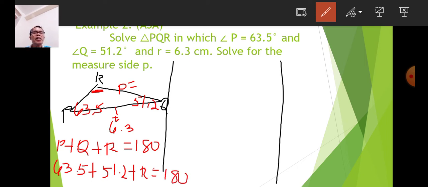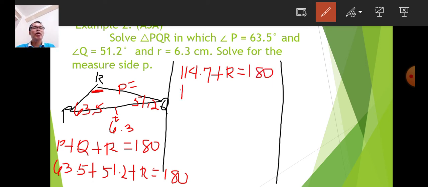So adding 63.5 and 51.2, you will have 114.7 plus angle R must be equal to 180. Solving for R, transpose 114.7 to the other side, it becomes negative.